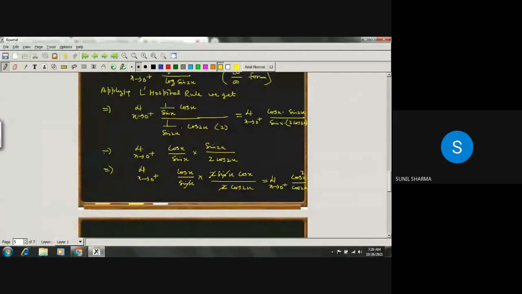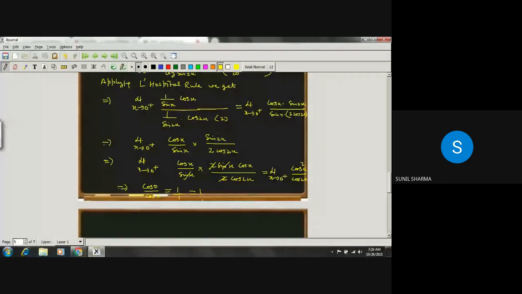Now when we apply the limit, cos 0 is 1 and cos 0 is 1. So it is cos 0 upon cos 0 that is equal to 1. 1 upon 1, so it is equal to 1. So the limit of this function is 1.